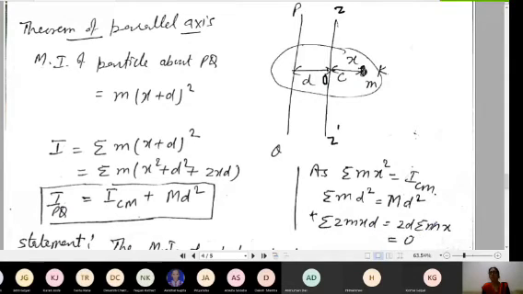The summation of 2mi xi is equal to 0. So the summation of 2mi xi into g, you can say the weight of the body, is equal to 0, and hence this term is equal to 0. So if I take the summation of 2mi xi d for all the particles, this term becomes equal to 0.